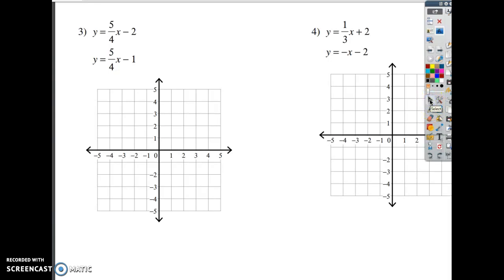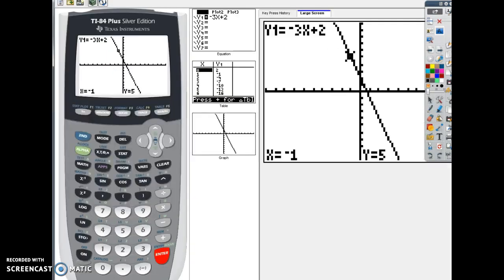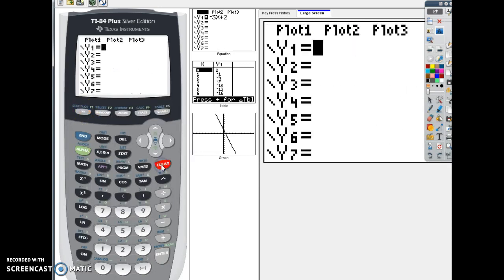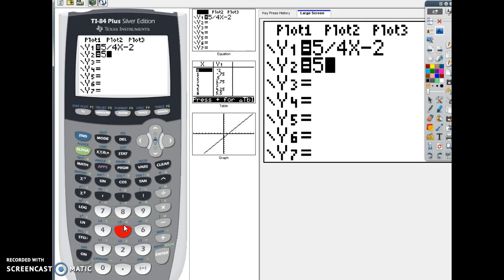If you put those two in the calculator at the same time. Remember, we can put it in one at a time or we can put both of them in at the same time. Y equals 5/4 x minus 2 and 5/4 x minus 1. What do you notice before we press graph?